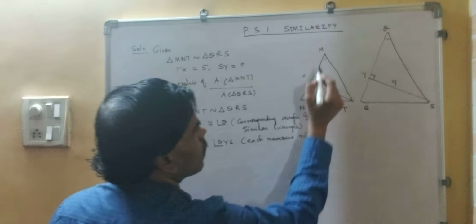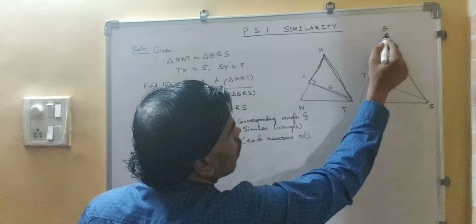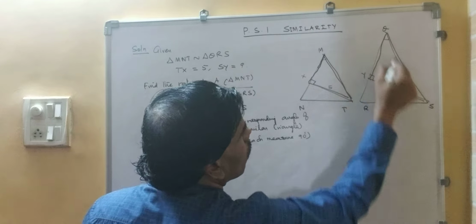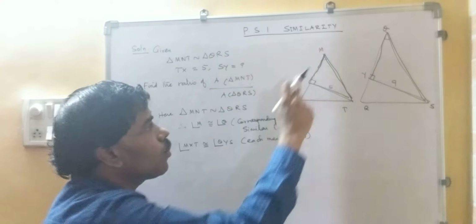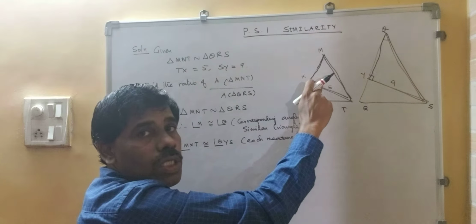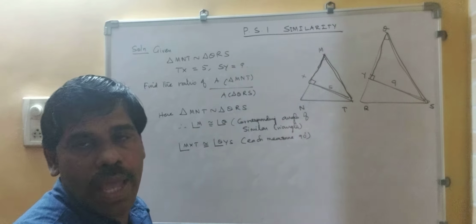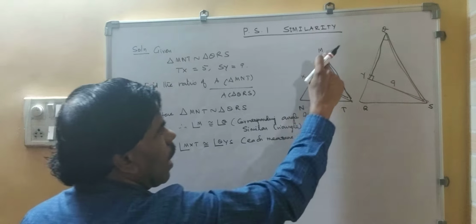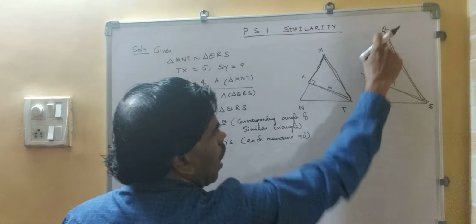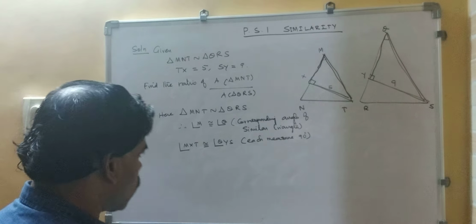Now look at this. In this triangle and this triangle, here you see angle is congruent to angle of the second triangle. Therefore, triangle MXT and QYS both are similar by AA test.